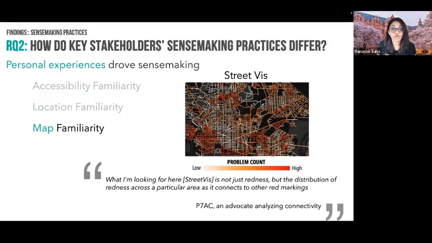For example, those familiar with map-based analysis immediately start identifying patterns and search for specific insights relevant to their context. For example, an advocate, while analyzing connectivity using StreetViz, said, "What I'm looking for here is not just redness, but the distribution of redness across a particular area as it connects to other red markings."